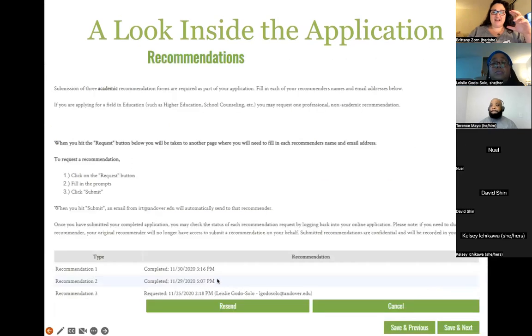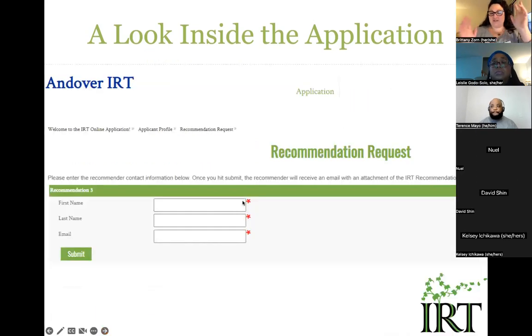On the previous slide, you see where it says resend and cancel down at the bottom, because this applicant, whose screenshot we took, requested their last recommender, Leislie Godo-Solo, on 11/25, 2020, and she hasn't uploaded their letter yet. So say we want to cancel that and enter in a new one, this is what that screen looks like.